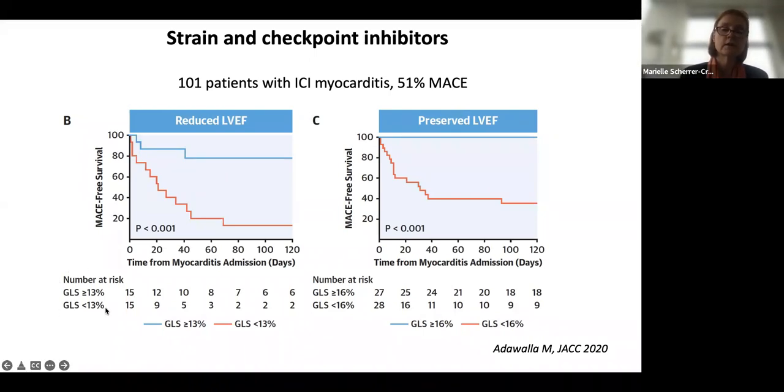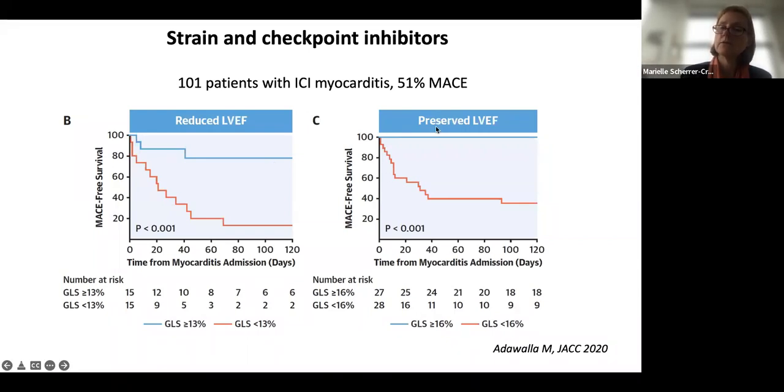This is strain that's been done at the time of the diagnosis of myocarditis, as patients are not followed serially with echoes or with biomarkers for that reason. And you can see that patients who had reduced EF and very low strain seem to have more MACE than patients who had rather preserved strain, although it's not totally preserved at 13%.